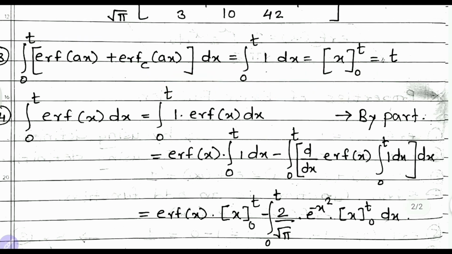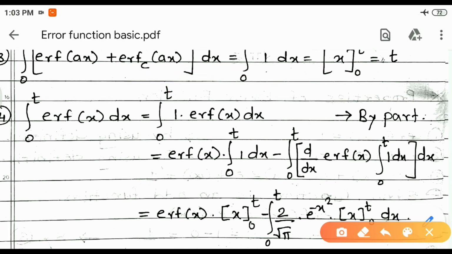While applying it, you have to take error function of x as u and 1 as v. Why are we taking error function of x as u? Because we know how to find its derivative, and the integration of 1 is easy. So with the help of integration by parts, we are going to find the integration of error function of x.